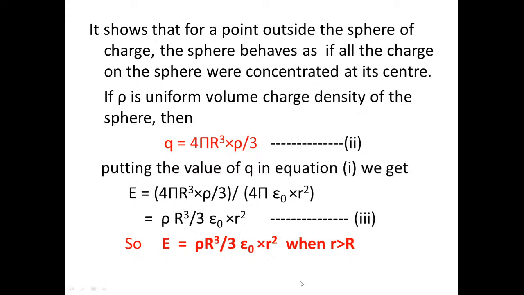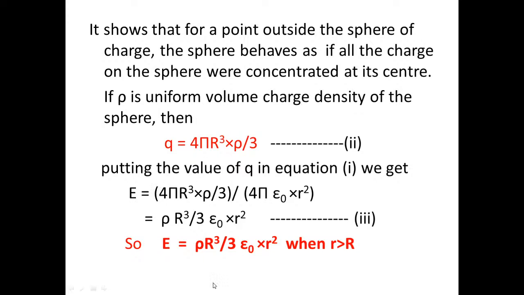If rho is the uniform volume charge density of the sphere, then this charge q will be equal to 4 by 3 pi capital R cube into rho. This capital R is the radius of the sphere of charge. So this charge q is 4 by 3 pi R cube, the volume of the sphere, into the volume charge density rho.